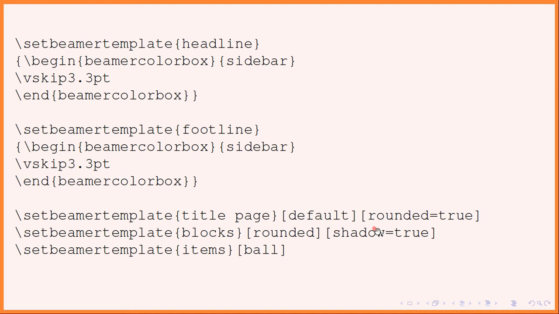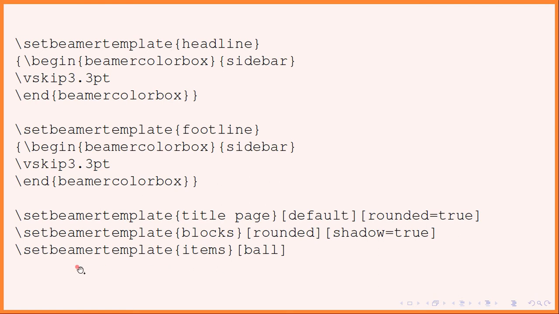The title will be printed on a rectangular shape object, which will have rounded corners, and blocks will also be rounded, and there will be a shadow. In the title page I don't like a shadow, so I did not put a shadow here. If you want a shadow, you can put a comma and write shadow equal to true.